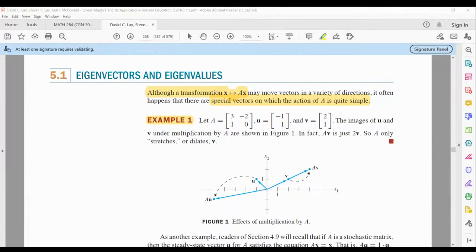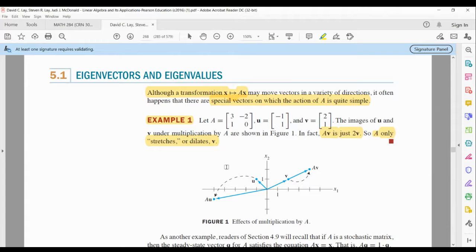Thank you, Olivia. A times v is just 2 times v. So the matrix A stretches or dilates the vector v. And we call the vector v an eigenvector of A.